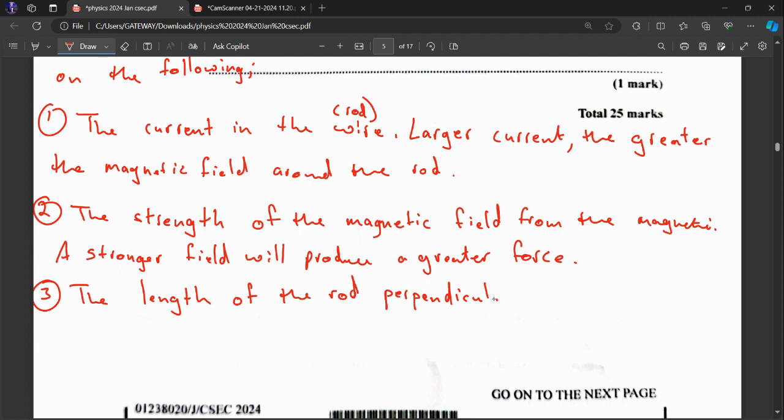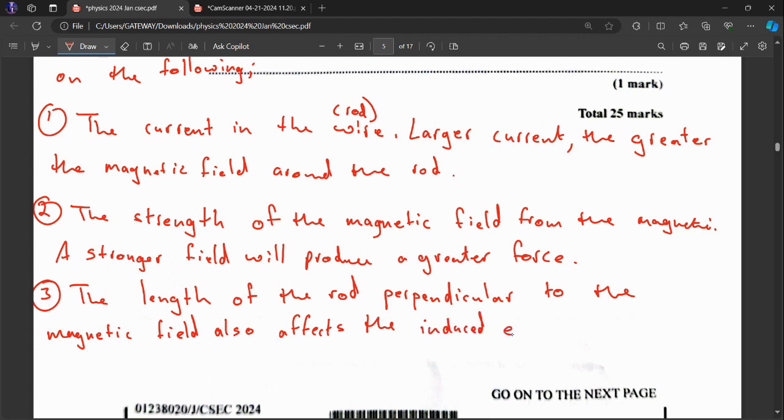So the length of the rod perpendicular to the magnetic field also affects the induced EMF.